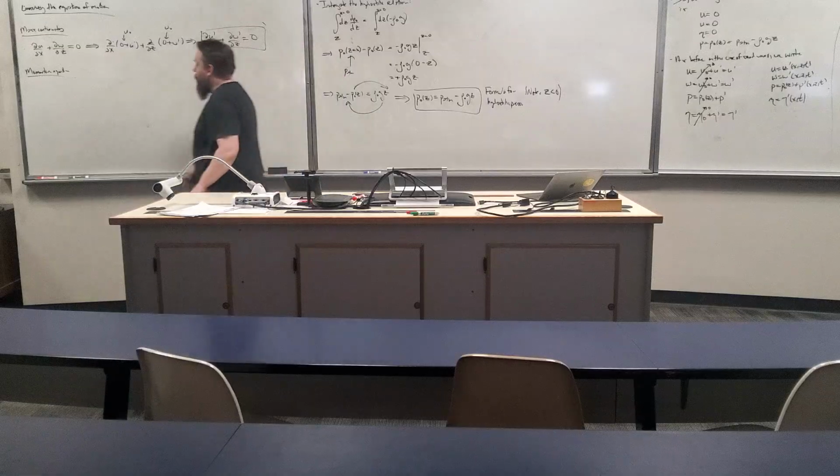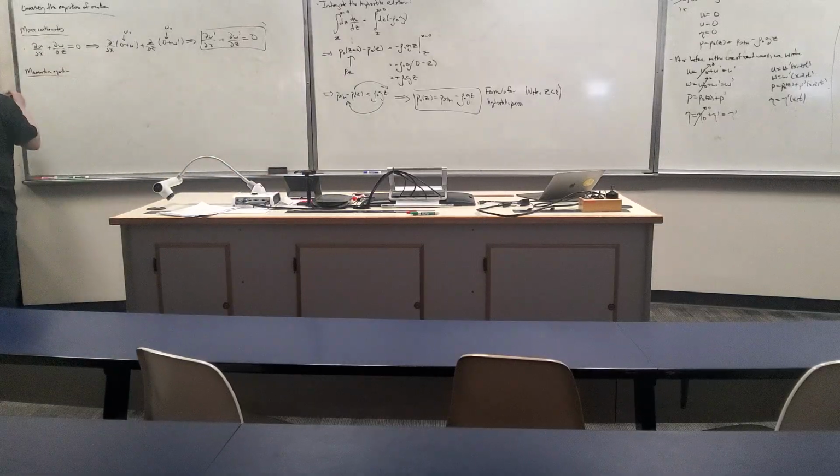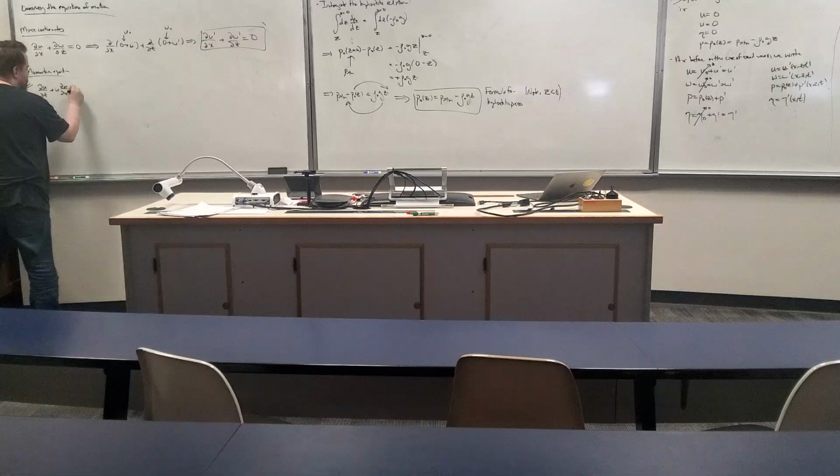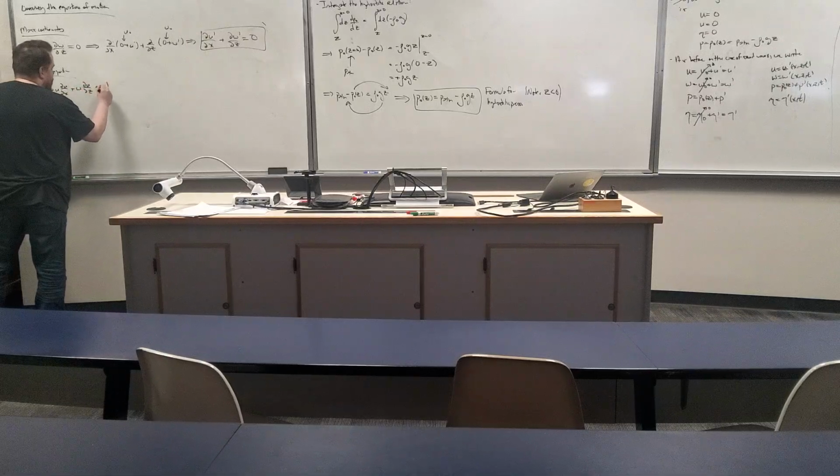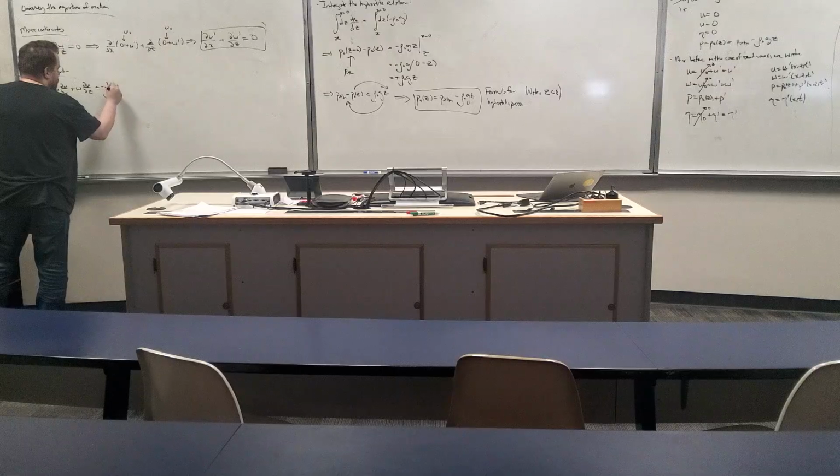So our momentum equation, for our x equation, we had du dt plus u du dx plus w du dz equals minus 1 over rho naught dp dx.